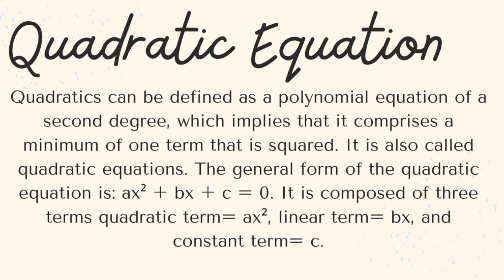And also always remember, when we are talking about a quadratic equation, it has an equal sign, to emphasize that it is an equation, and it has a power of 2.